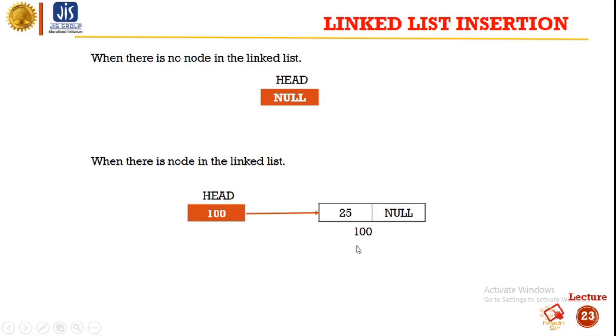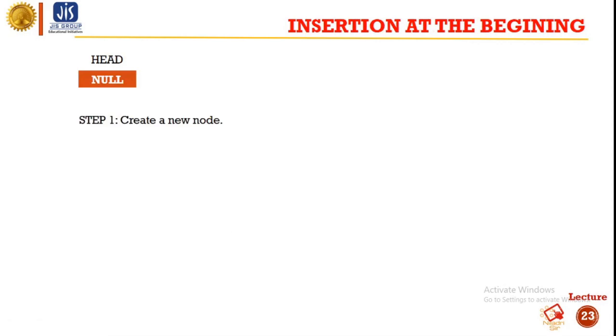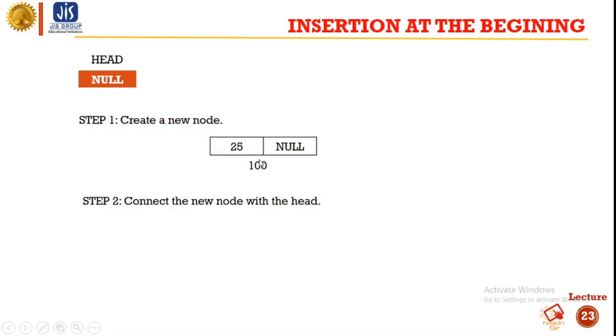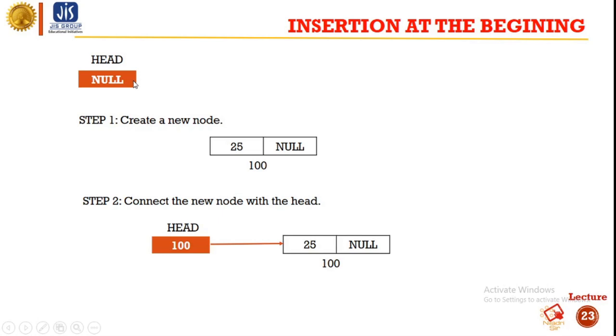At first there was no node, head was null, this node has been created and the address of this node has been copied here. So what are the steps? Create a new node, and connect the new node with the head. For that, we just copy this address and paste it here.